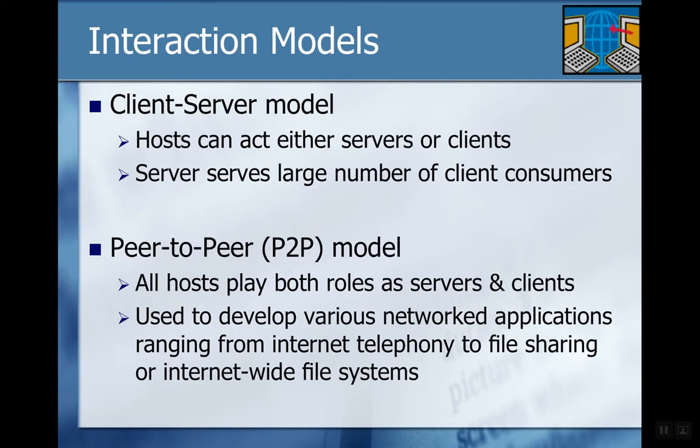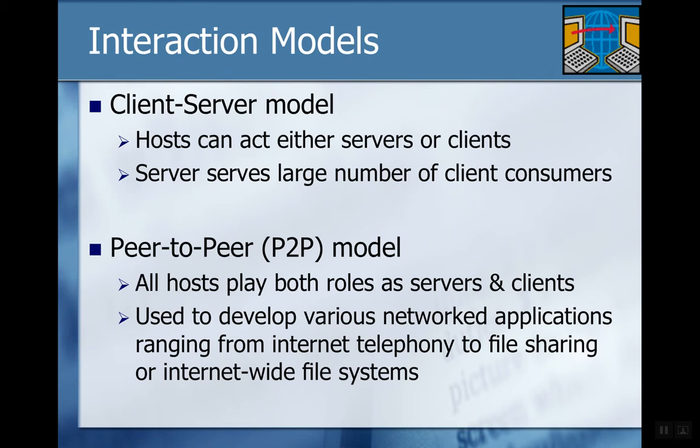There's a couple different types of what we call interaction models, and there's really two big ones. One is client server. Basically, a server is a large centralized computer. It can be set up as a shared resource that clients, what we call hosts, can use, a client being a standalone machine like a PC.